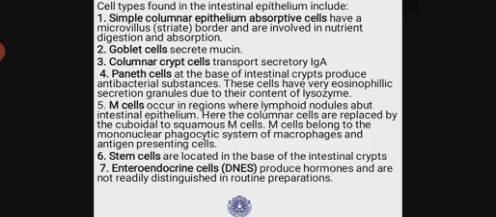There are some stem cells also located in the base of the intestinal crypts. The last type of cells are called enteroendocrine cells, which are abbreviated as DNES, which produce hormones and are not readily distinguished in routine preparations. So it requires a special kind of staining technique to see this DNES.